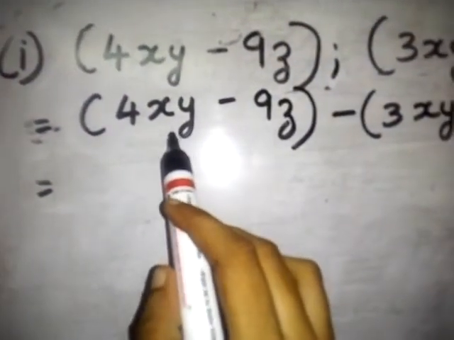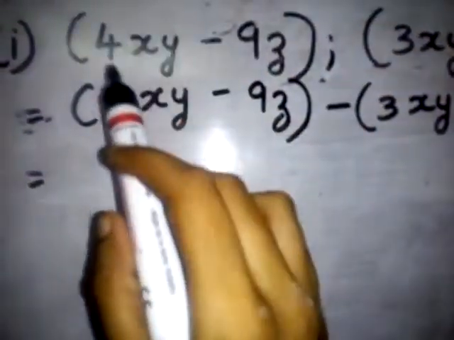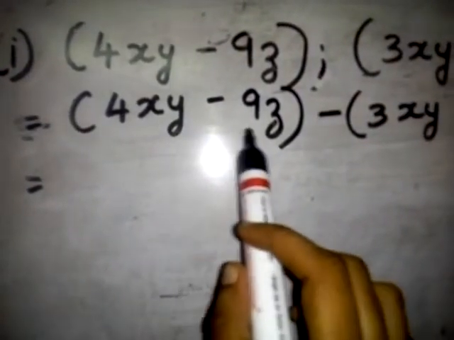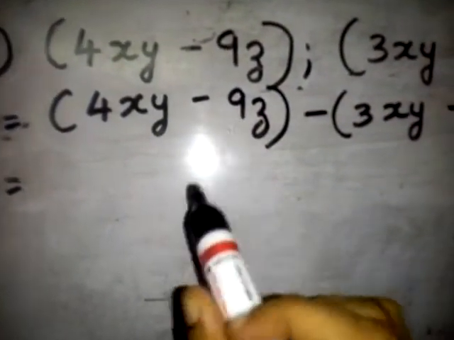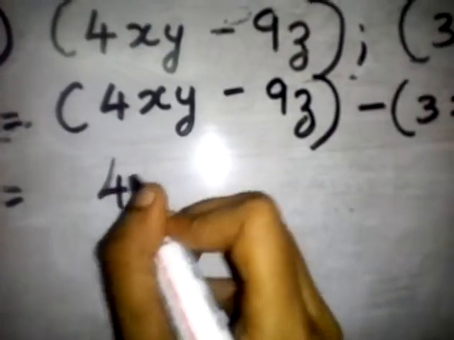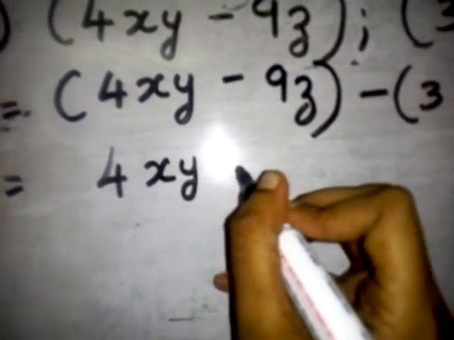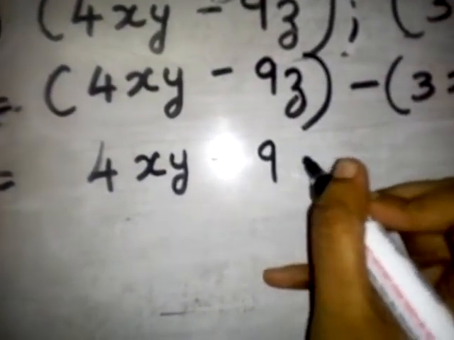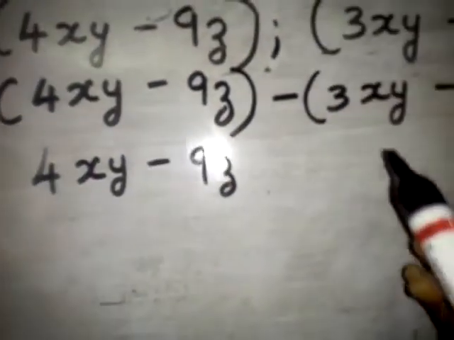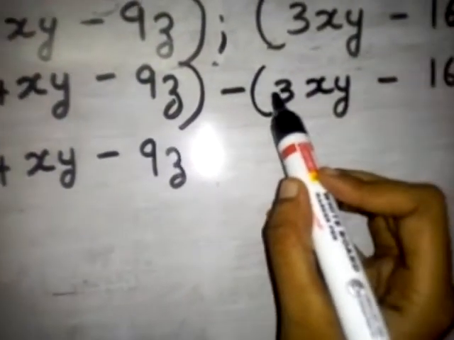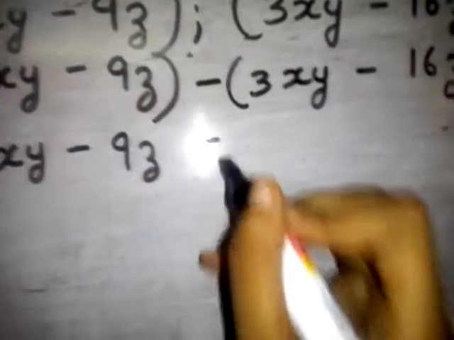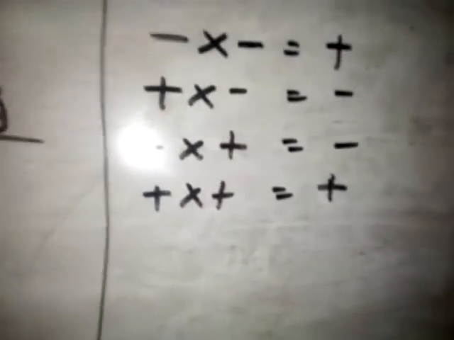In the first expression your sign will not change. You write it as it is without brackets, that is 4xy minus 9z. Minus into plus is minus, you have the sign formula here, I have written.